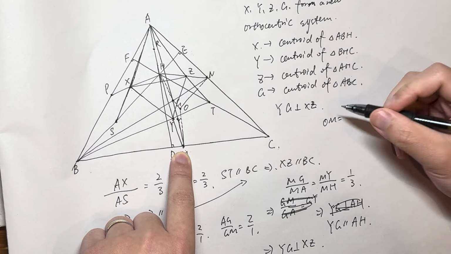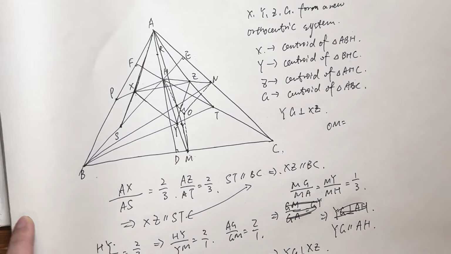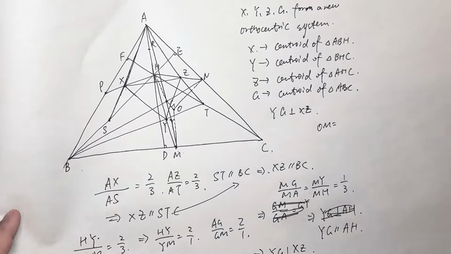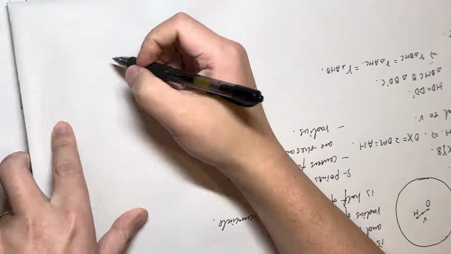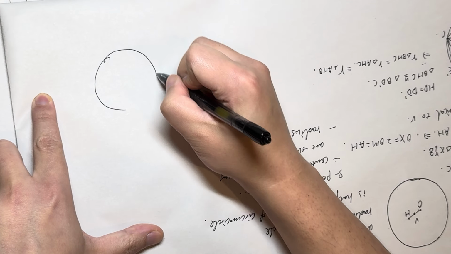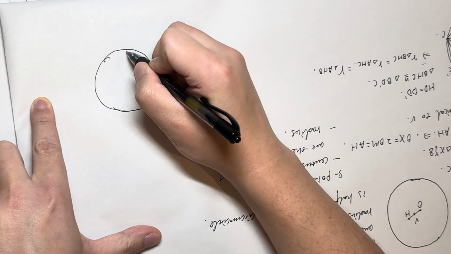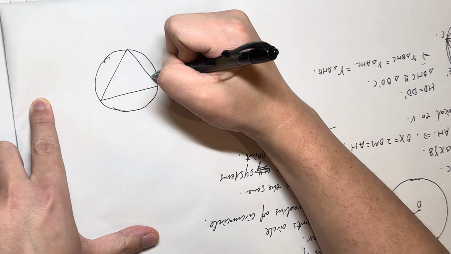I think I'm not drawing this in a good way. So let me just review it. For example, here it's easier to review. So think about that we have the circumcircle here for triangle ABC.